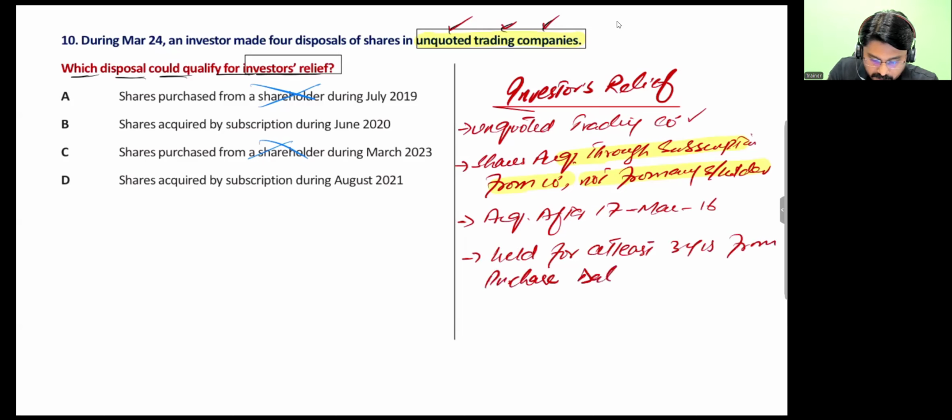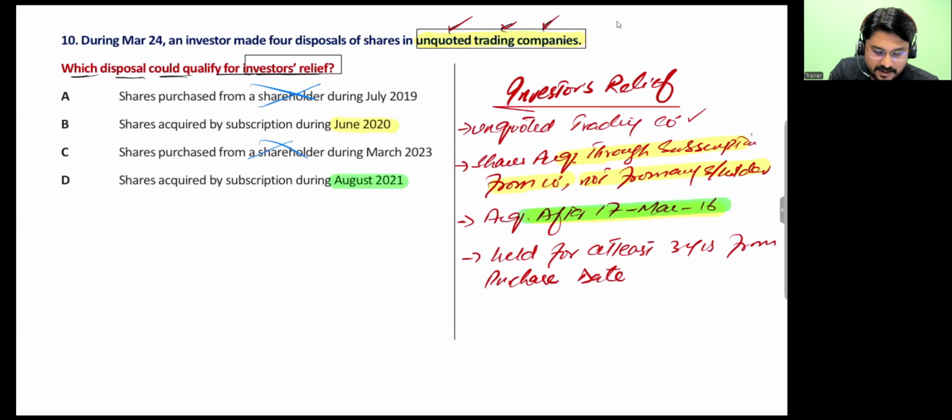If we talk about these two conditions, option B says that shares are purchased in June 20, after 17 March 16, and option D suggests that shares are subscribed from the company in August 21, also after 17th March 16.